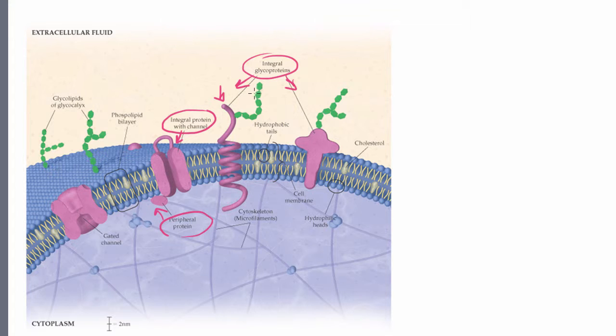And they will usually have a hydrophilic sugar group. The carbohydrate parts of the glycoproteins and glycolipids help mediate the interactions of the cell with any outside agent. So some of the integral proteins, like this one here, will form a channel. And these channels will allow specific molecules or even ions either to enter the cell or leave the cell.